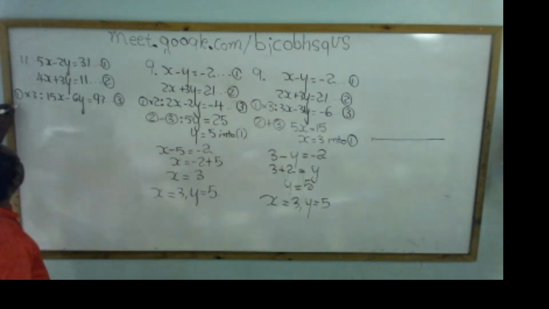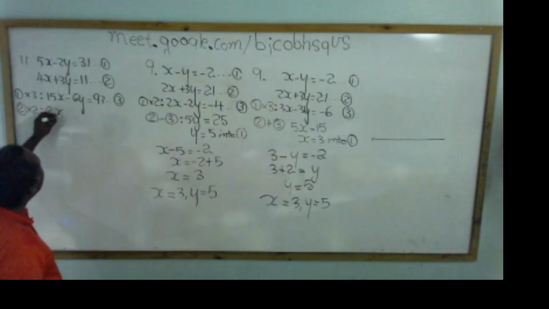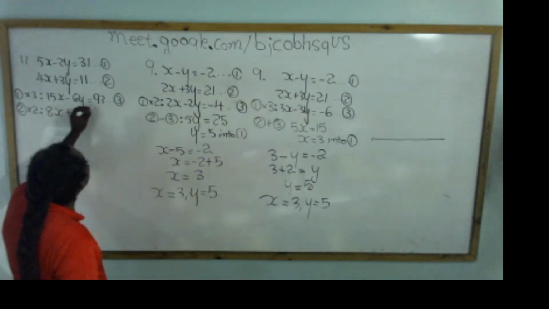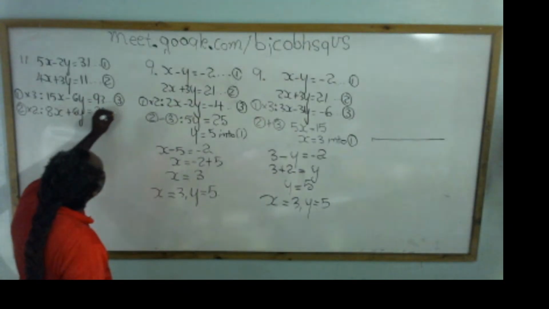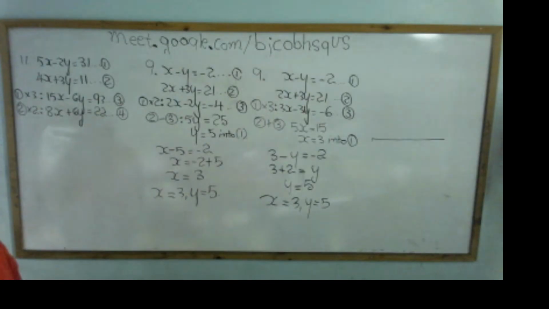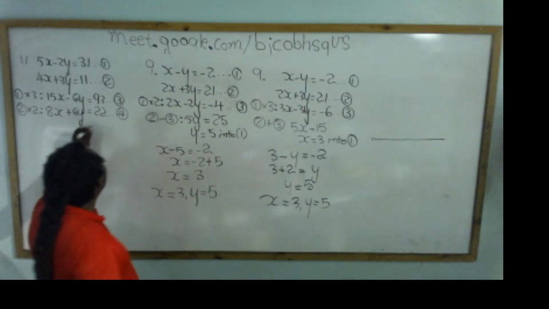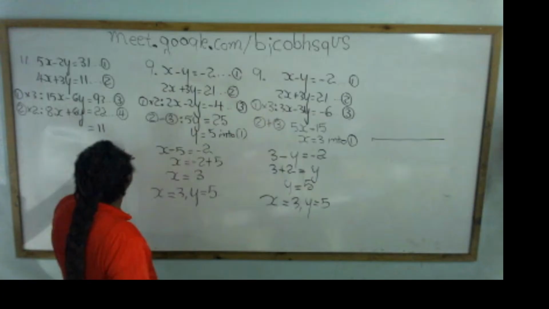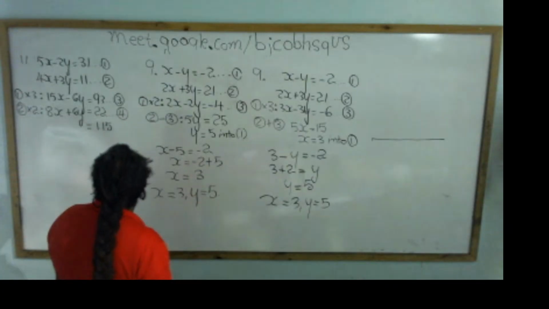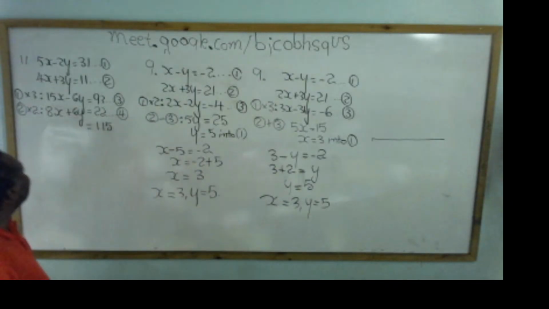Then equation 2 multiplied by 2, and what do we have? 8x plus 6y is equal to 22. The 22 is not so large, but combining that with 93, we get what? 115. Then we get what? 15 plus 8, that's 23x.